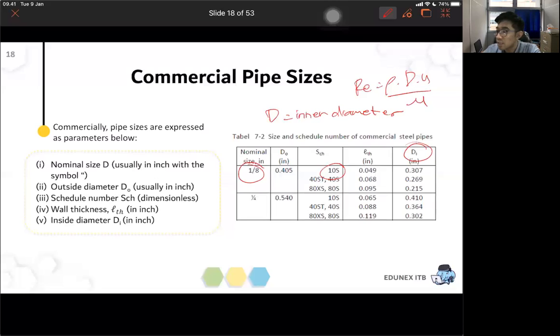If you know the thickness, then the inside diameter will be the outside diameter minus 2 times the thickness. Okay, until this point, is there any question?